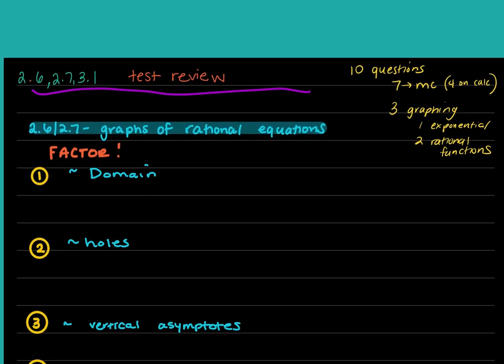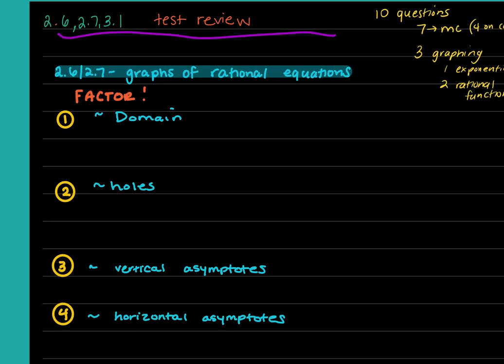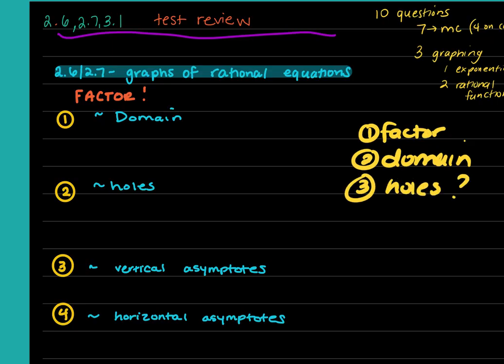All right, so for your rational functions, remember your order is important. Order is first factor, second domain, 3 tests for holes. And then everything else after that is using your simplified version.